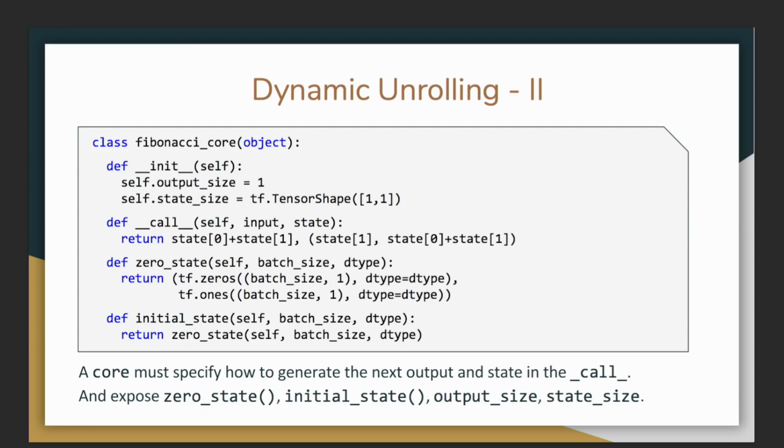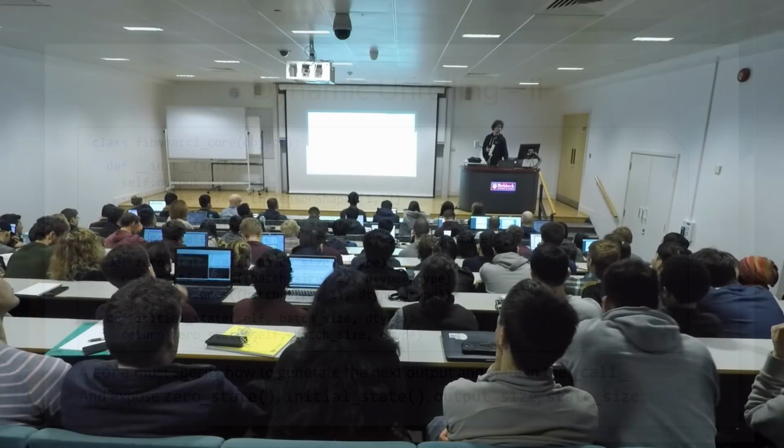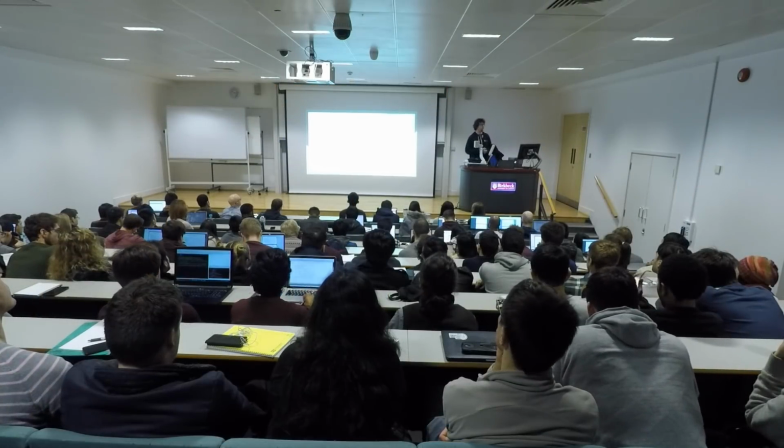So we return the sum of the 2 elements of the state. This is the output at each step. And the new state is just the second element of the state and the new one. Then we can define the zero state, the initial state. This is what we need for the TensorFlow utilities to work appropriately. And then what you can do is just this.